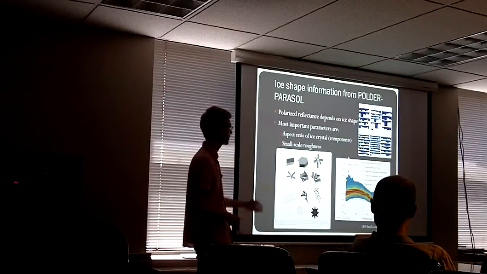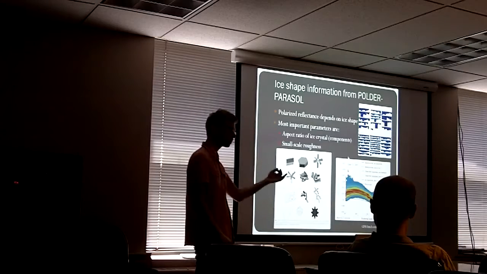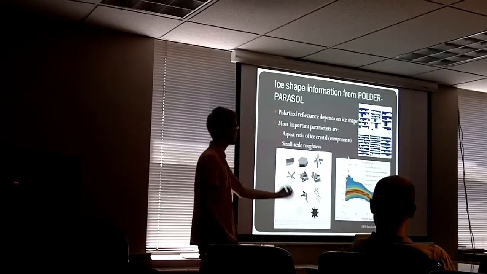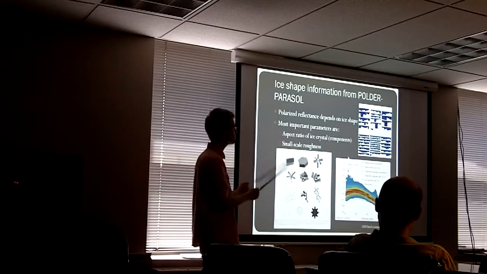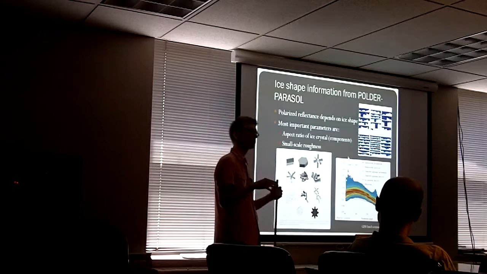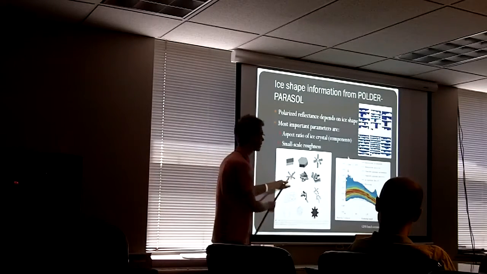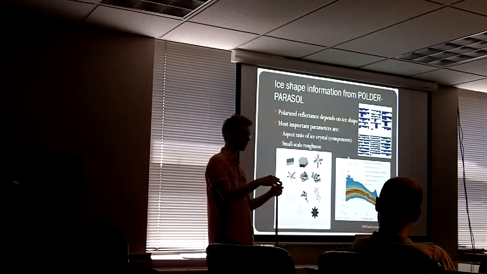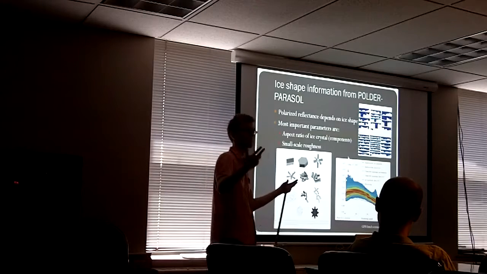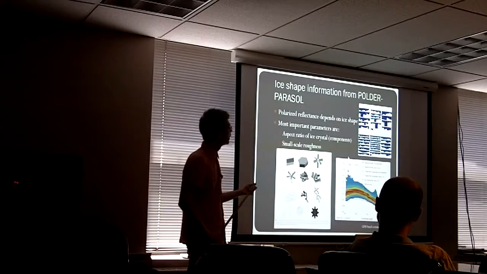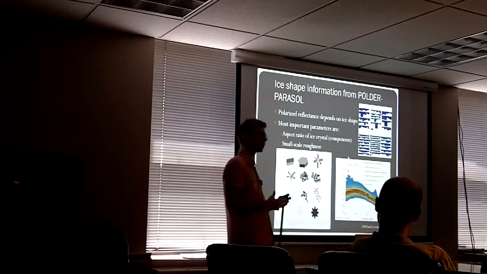You can have mixtures of those. But it turns out the most important aspect of the model is the aspect ratios of the ice crystals, or of the components of the ice crystals if you have a structure like these. What I mean by the aspect ratio is the ratio between the maximum diameter and the minimum diameter. That's very important, and the other is the small-scale roughness.